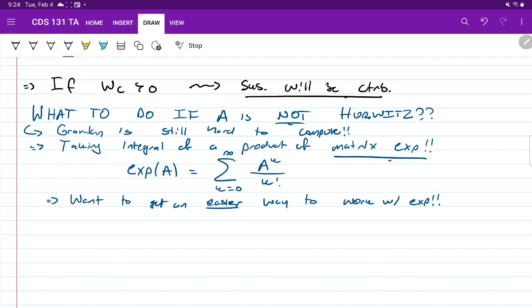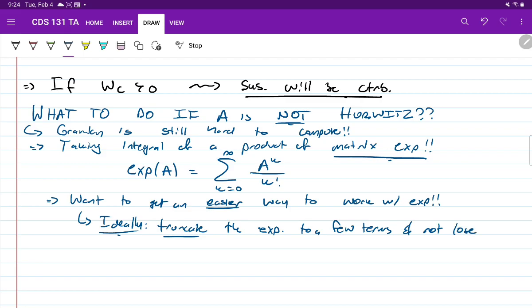So you want to really study its algebraic properties, but not have to deal with this really messy infinite series that appears, okay? So what we can ideally do is just truncate the exponential to a few terms and not lose much information.